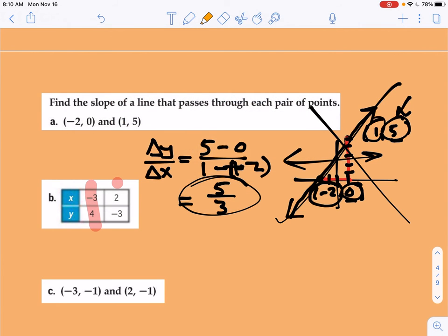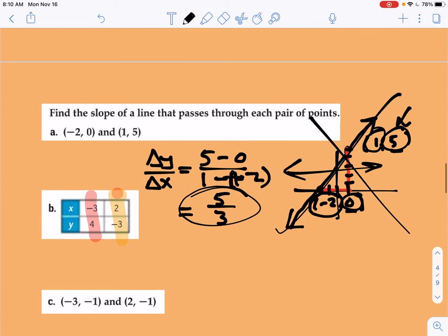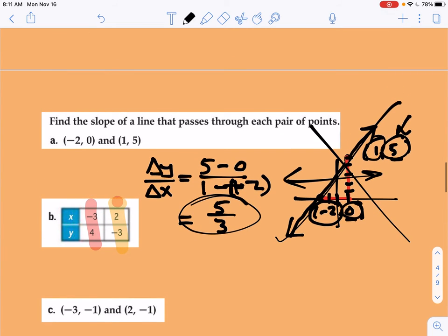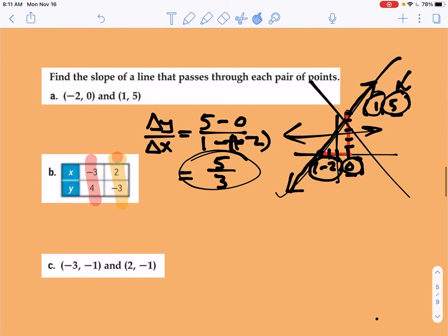I'll do this in orange, if it ever starts working. There we go. I'm going to write this out the same way. I'm going to do my change in y. It doesn't matter if I start with this one or this one. Let's start with the one on the left.